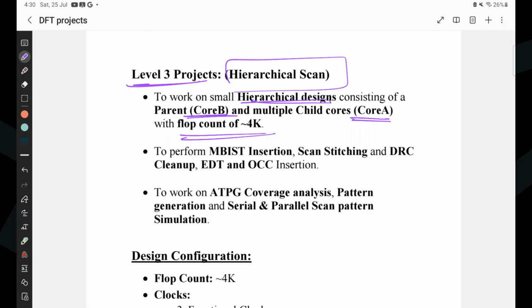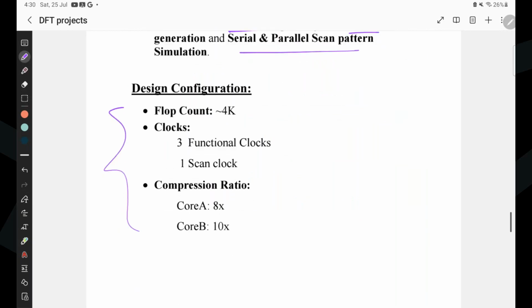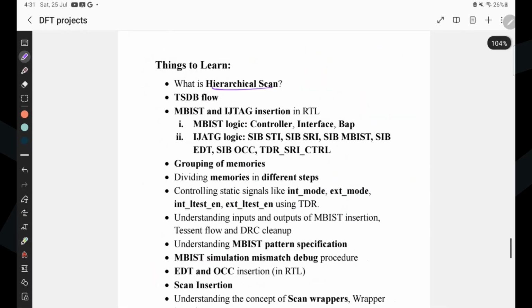In the level 3 projects we will perform MBIST insertion, scan chain stitching, DRC cleanup, EDT and OCC insertion, coverage analysis, pattern generation, and serial and parallel scan pattern simulations. These are the configurations in our level 3 projects. We will cover what hierarchical scan is and what the TSDB flow is.